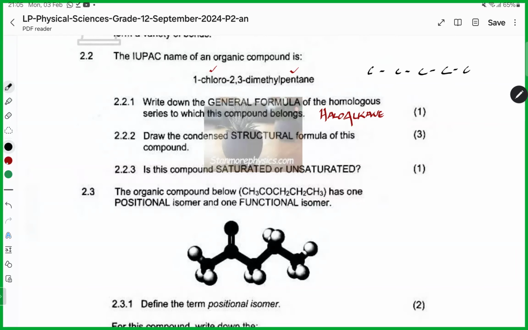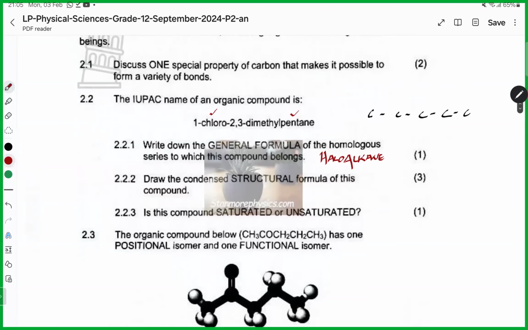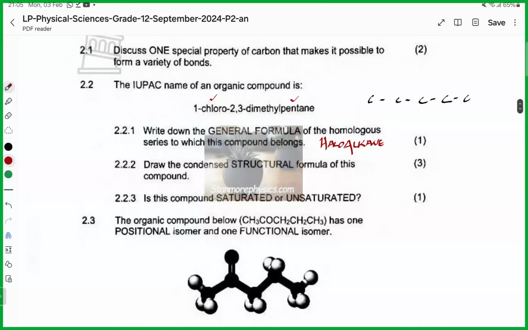So 2.2.1, yes, sir. Oh, sorry. I misread that completely, sir. Write down the general formula of the homologous series to which the compound belongs. Anybody? What's the general formula of a haloalkane?